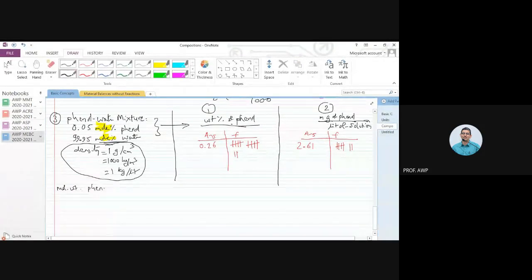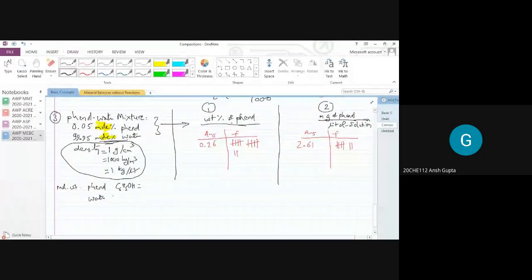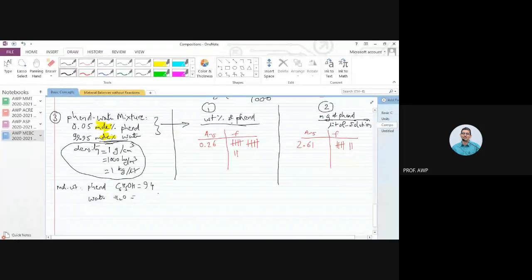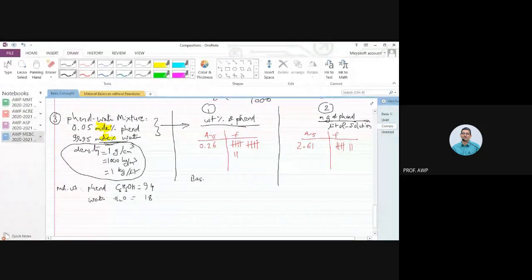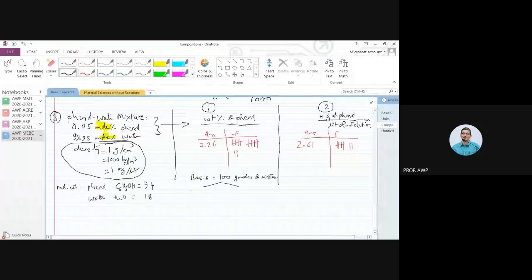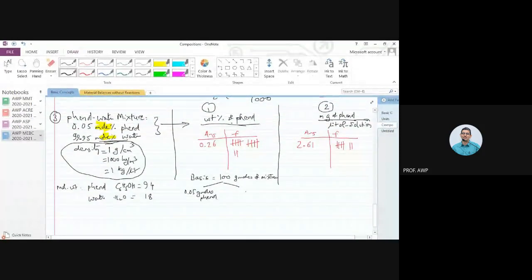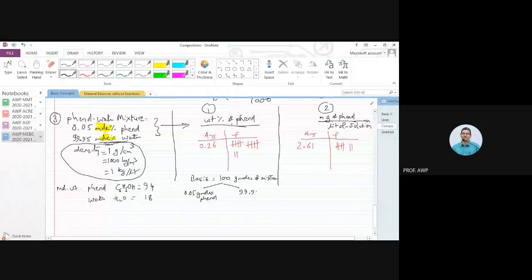Molecular weight of phenol, C6H5OH. What is the molecular weight? 94. Water, of course, 18. So now, if I take as basis 100 gram moles of mixture, this 100 gram moles will contain 0.05 gram moles phenol and 99.95 gram moles water.